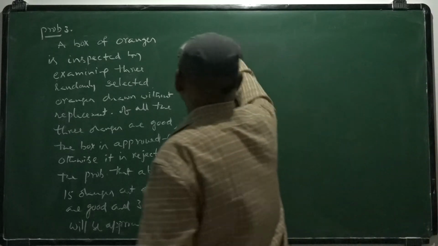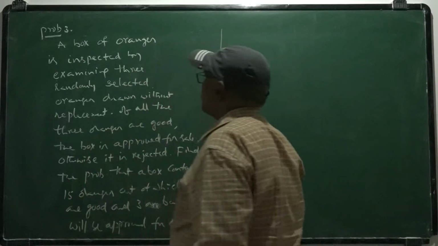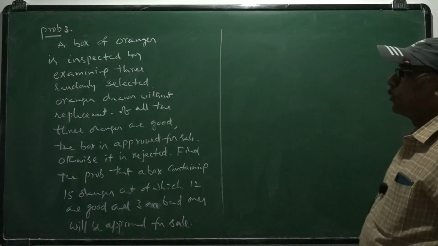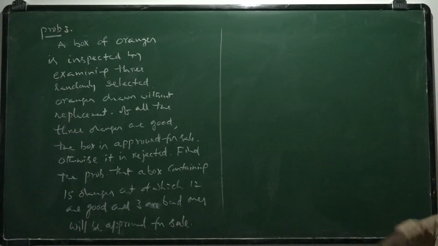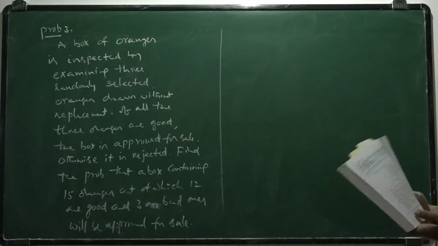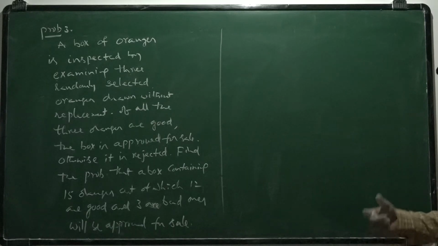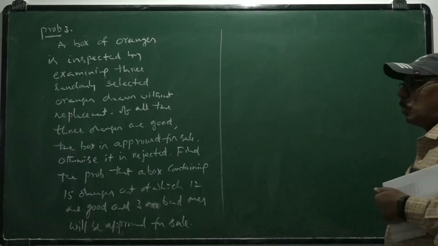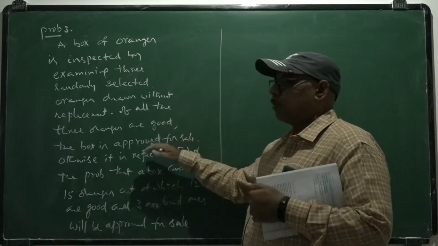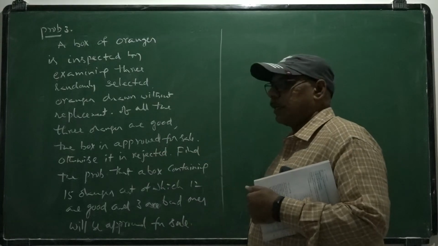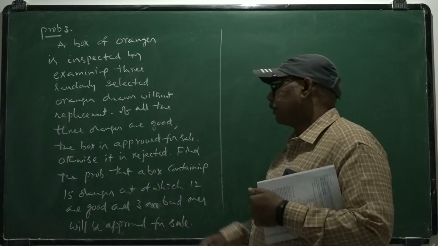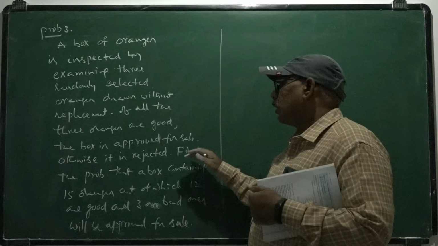A box of oranges is inspected by examining 3 randomly picked oranges, drawn without replacement. That means one after another the oranges are selected and examined. If all the 3 oranges are good, the box is accepted for sale, otherwise it is rejected.